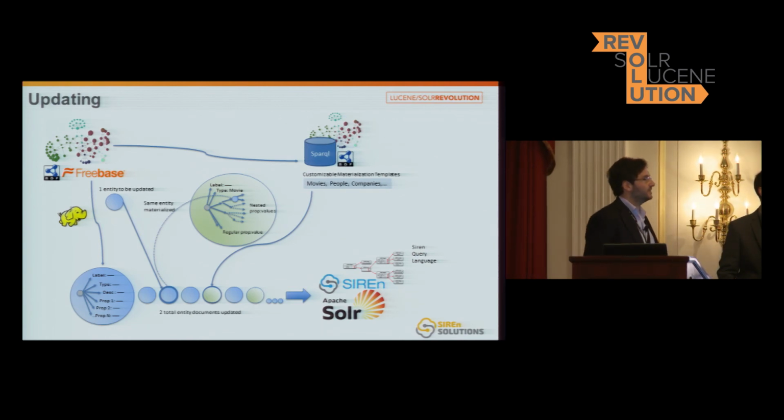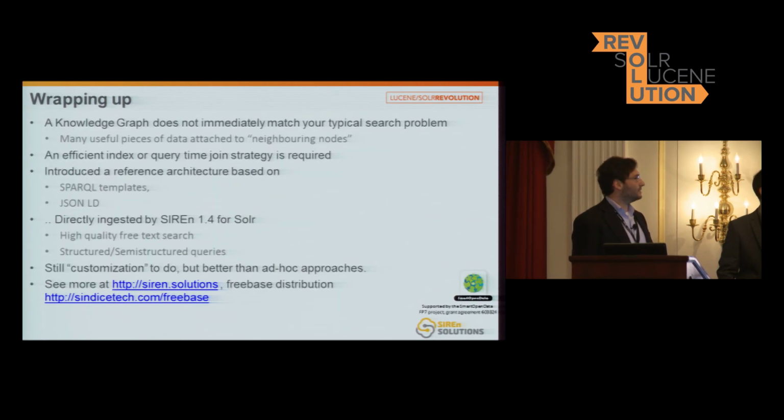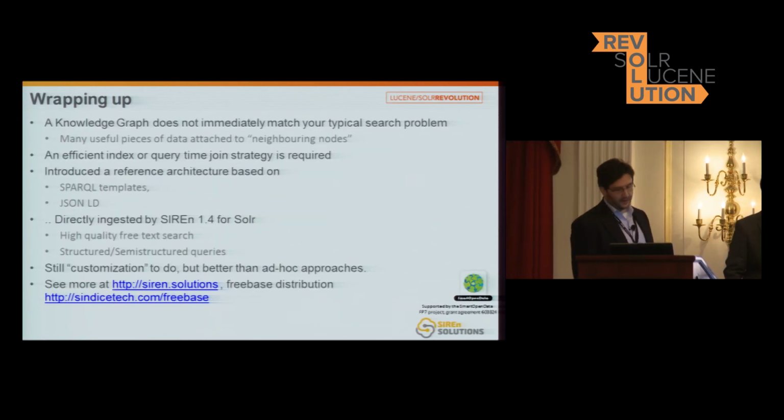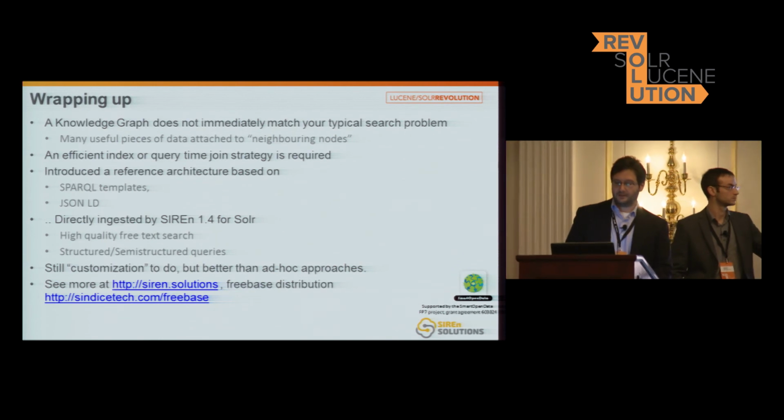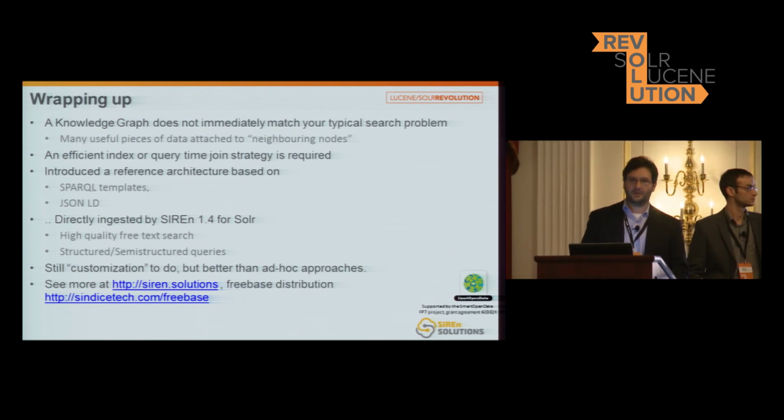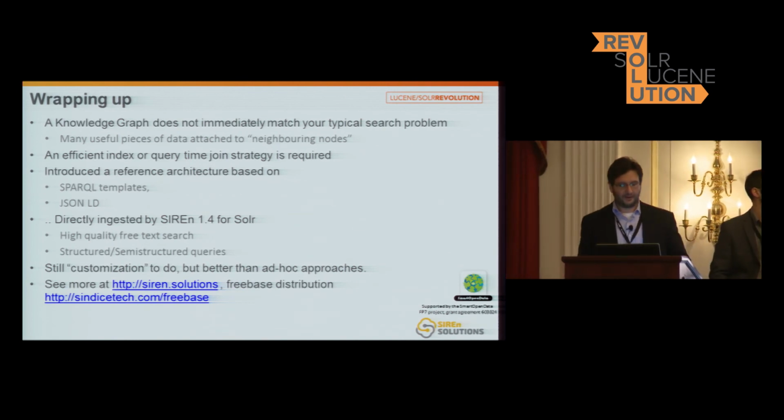So that's pretty simple. Yeah, so I'll be wrapping up. A knowledge graph doesn't immediately match your typical search problem, because usually you have documents, and here you have these very tiny little things, very highly connected, so you have to go around and pick them up and put them into a document. You have to traverse the graph a lot.